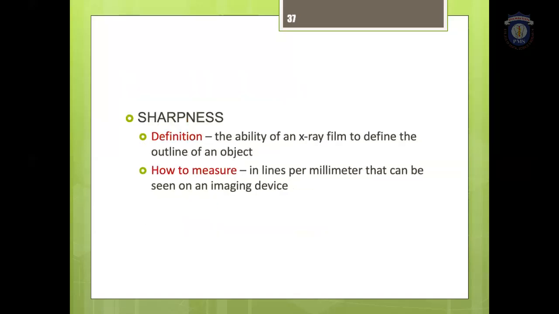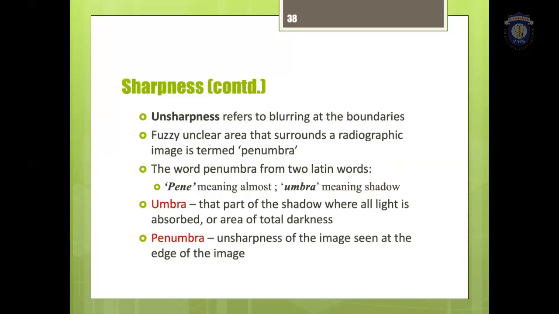Sharpness is the ability of an X-ray film to define the outline of an object. It is measured in lines per millimeter that can be seen on an imaging device. Unsharpness refers to blurring at the boundaries. There will be fuzzy, unclear areas that surround a radiographic image. Radiographically we call it penumbra.